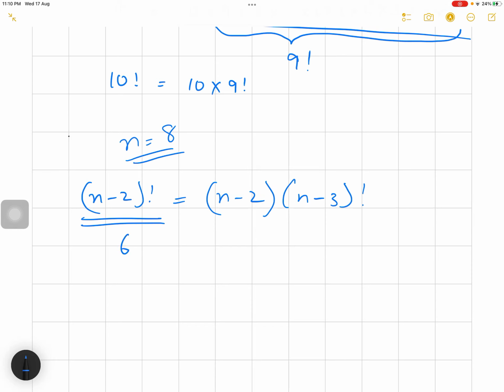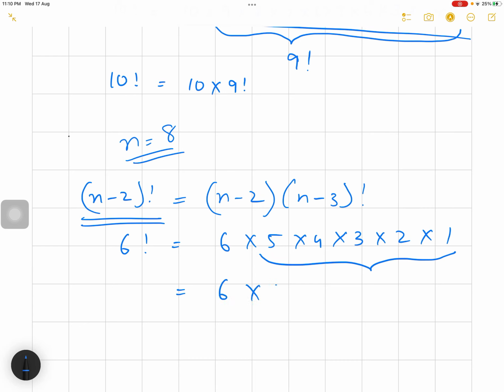So 6 factorial is 6 into 5 into 4 into 3 into 2 into 1, right? I can write 5 into 4 into 3 into 2 into 1 as 5 factorial, correct? So 6 factorial I can write as 6 into 5 factorial.